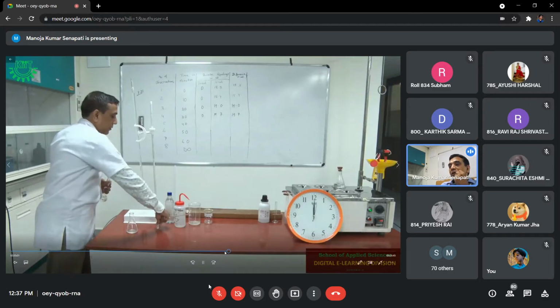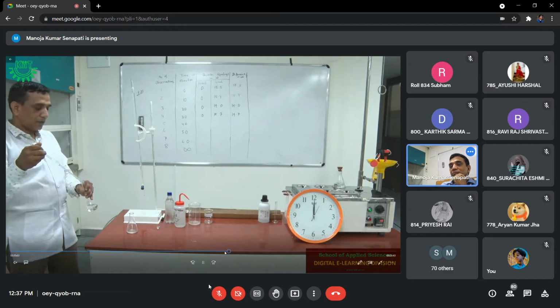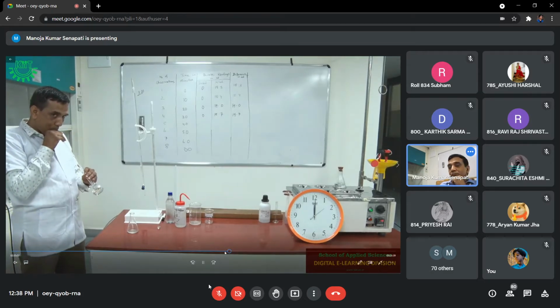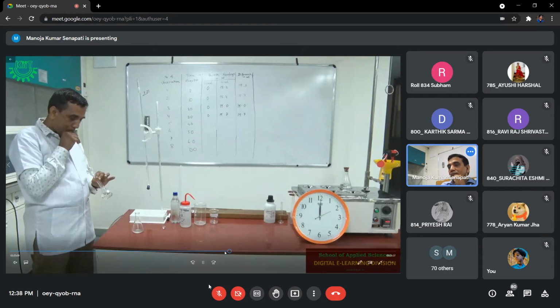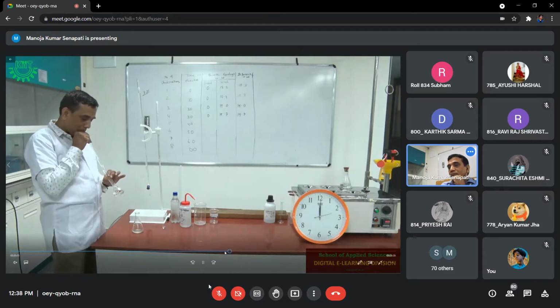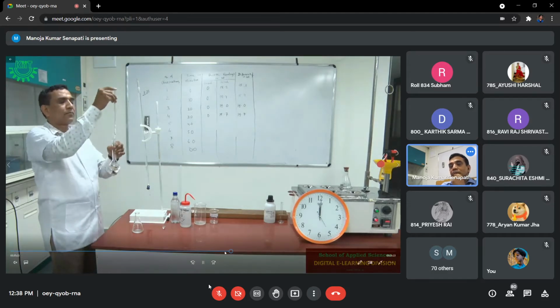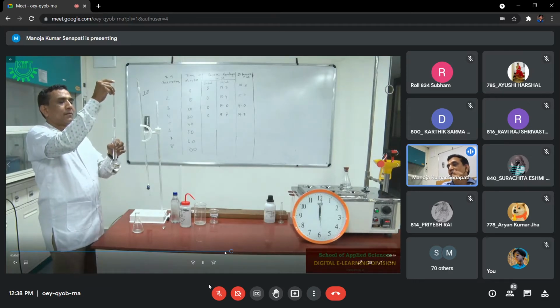Now take out 10 ml of reaction mixture and add that 10 ml of reaction mixture to the conical flask.